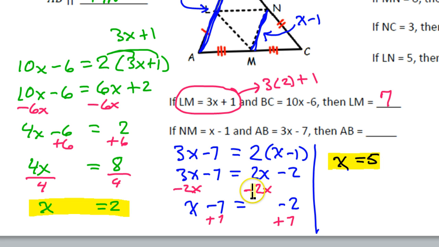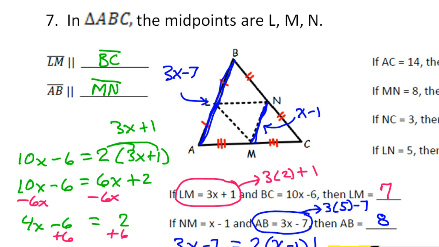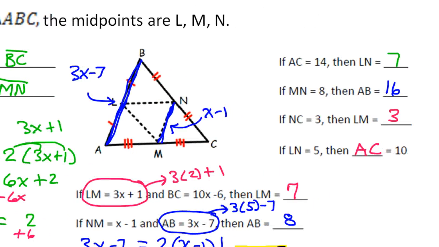Okay, so take note of that. Now we're going to use that to find AB. So here's the expression for AB, but now we know that x is 5. So this becomes 3 times 5 minus 7. So that's 15 minus 7, which is 8. Okay, so those are the answers to number 7.